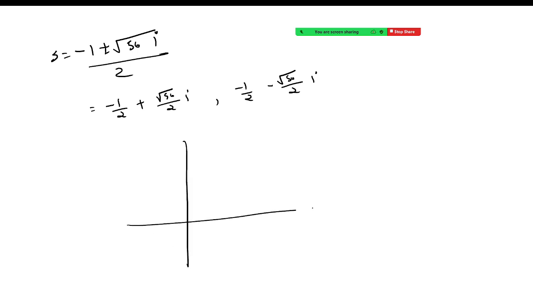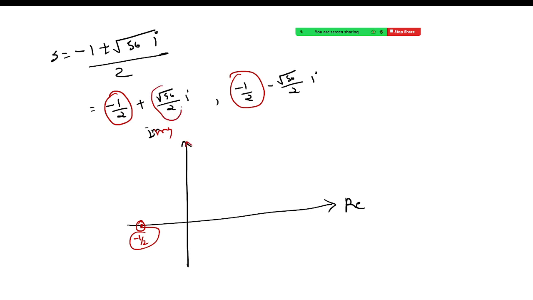If I want to draw this on the complex plane, this one is your real axis and this one is your imaginary axis, right? This is your real part, minus half. This one is your imaginary axis, so this is plus root 56 by 2. Root 56 is between 7 and 8, and divided by 2, this will be between 3.5 and 4.